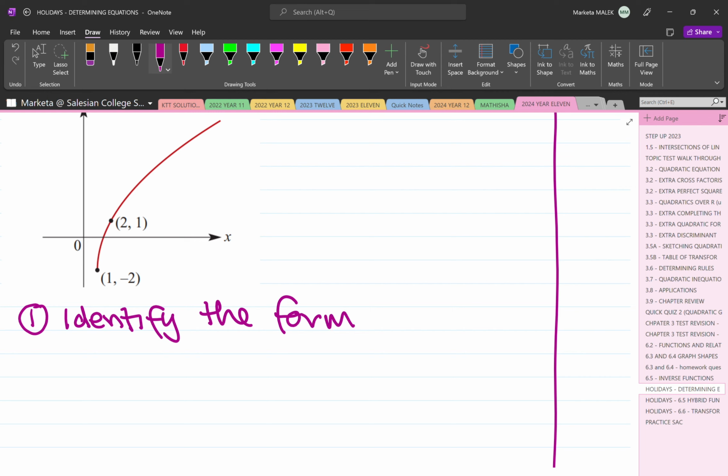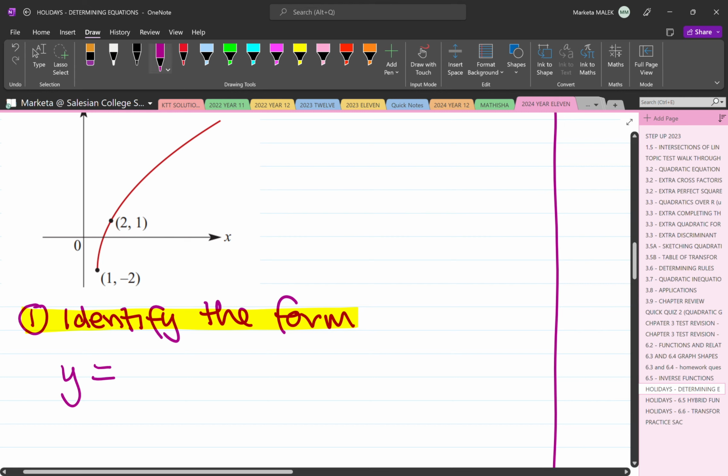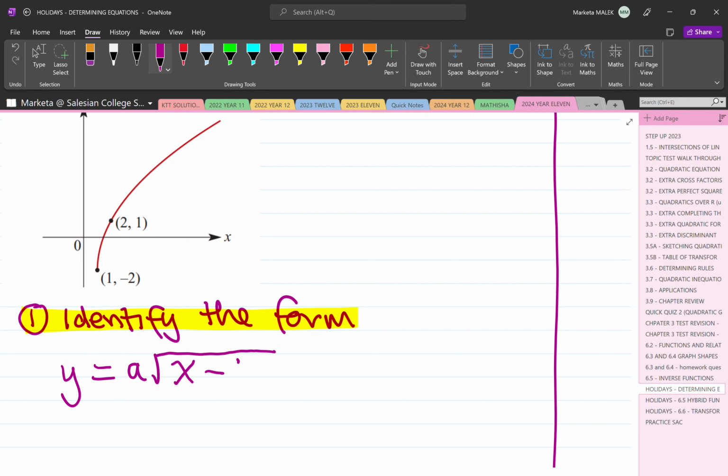And in this case, we can see it's a square root graph. So this is going to be y equals a root x minus h plus k.